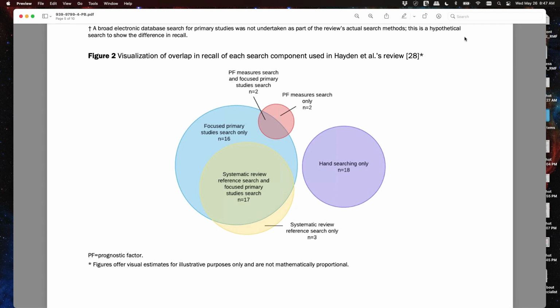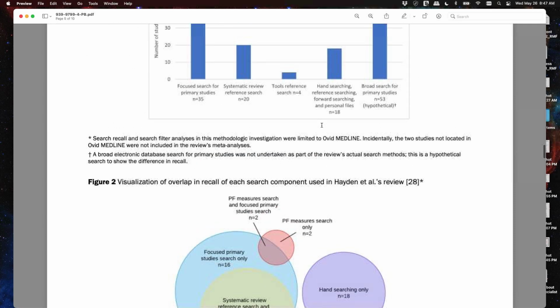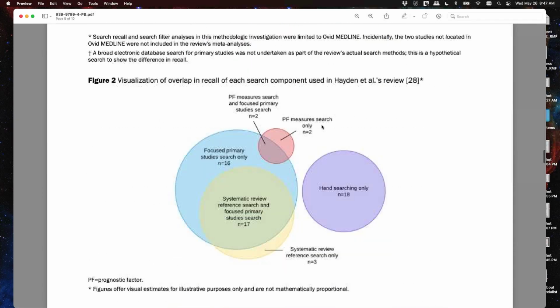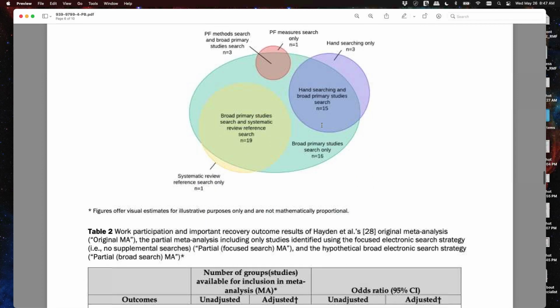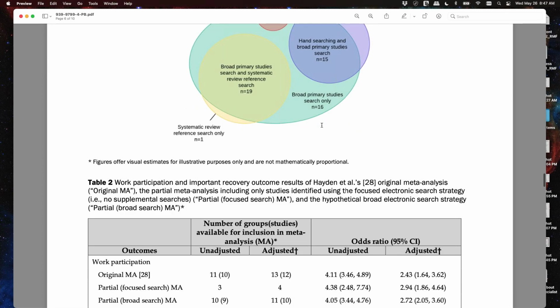Any other comments on the results, on the paper? Ina? I had a closer look at the search filters, and for me it's interesting that the Irving and combined hedges with the highest sensitivity use more MeSH terms than the others.